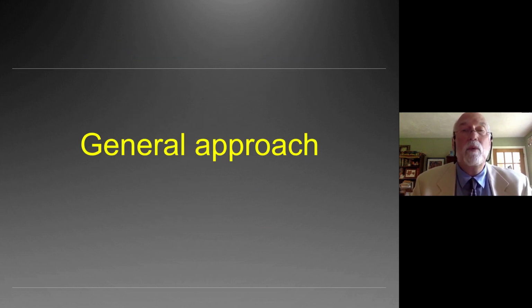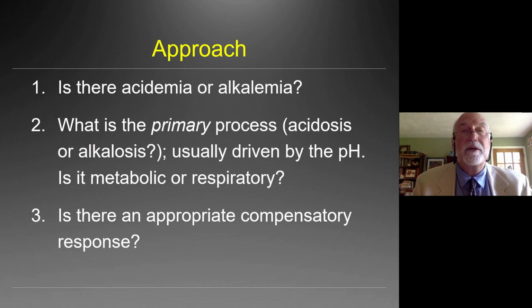So, when approaching an acid-base disturbance, there are three important questions. You want to look at the pH and determine whether there is acidemia or alkalemia. Those are the correct terms for the hydrogen ion concentration in the blood. You then want to try to determine which is the primary process and whether it's an acidosis or alkalosis, and is it metabolic or respiratory?